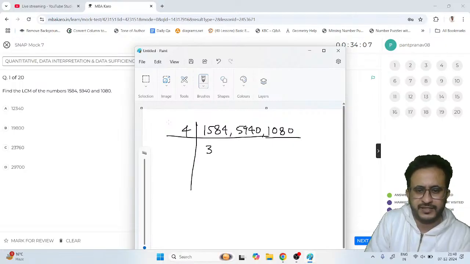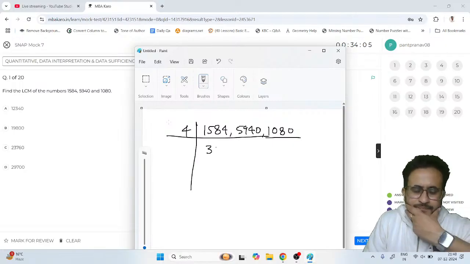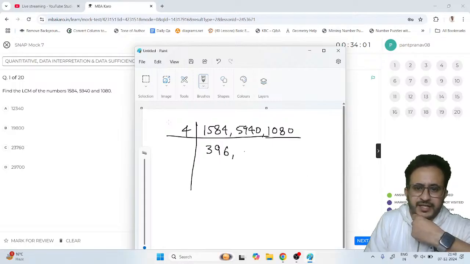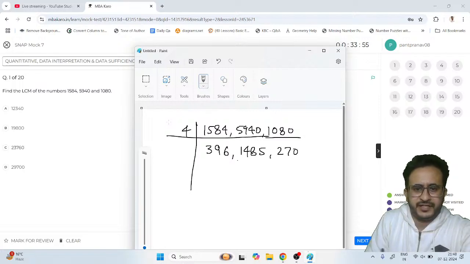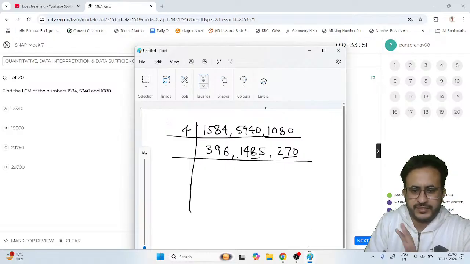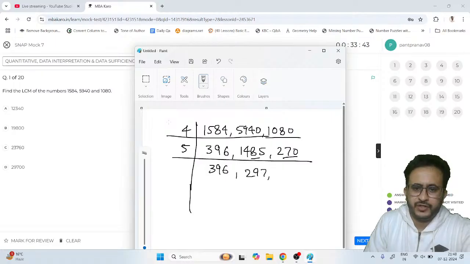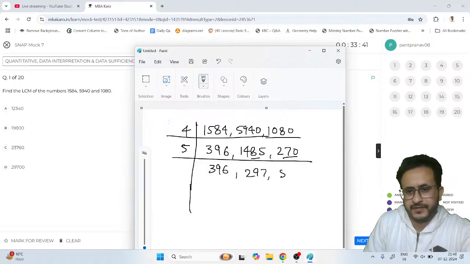That will give us 270 for the last, 396, and 1485. Now we can divide these by 5. We will keep this as 396. This will be 297, and this will be 54.